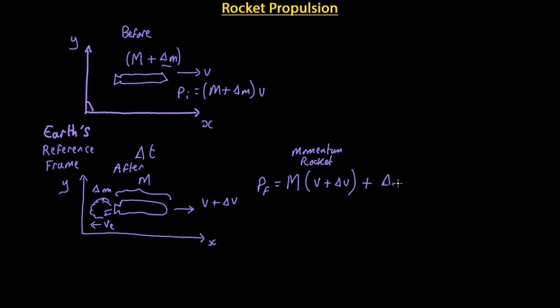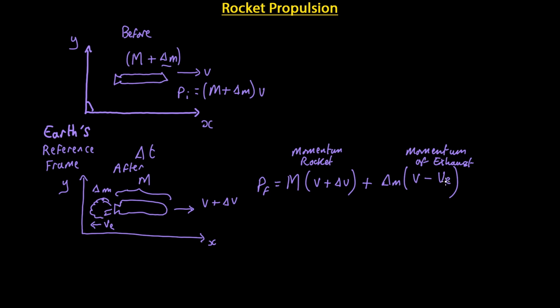So delta M is the mass of the exhaust coming out the back, multiplied by the velocity of that exhaust as seen from the Earth's reference frame. So that's the initial velocity of the rocket minus the velocity of the exhaust. So that's the momentum of the exhaust.